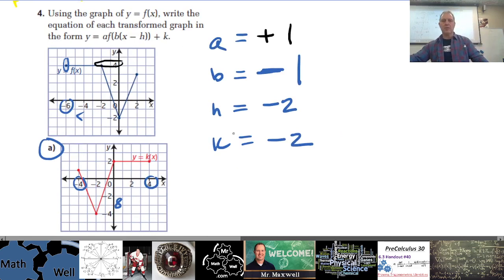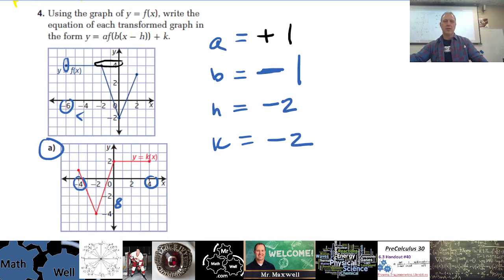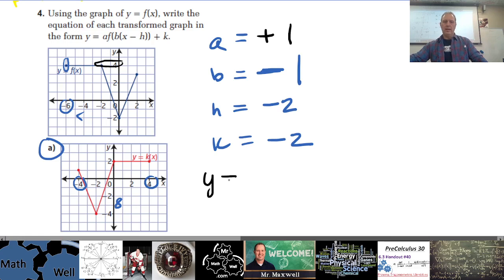And now to put this all together, I'll go y equals. So what's my A value? Well, it's just 1, so you don't even have to write it. You can leave that blank. F of, now B is -1, so I'm going to go negative. You can put a 1 there. It's a good idea. Negative, and then x with a second bracket. H is -2, so that's going to be -2 or +2.